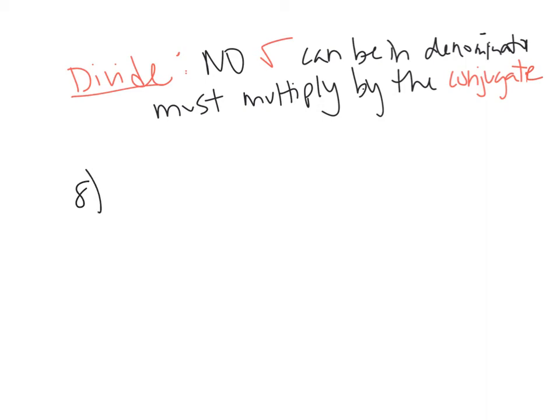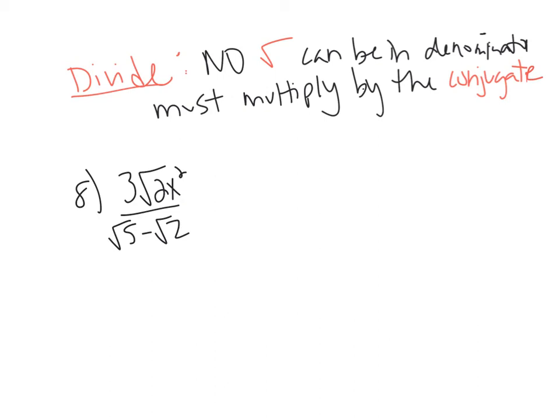So your division example. What if we have 3 square root 2x squared over root 5 minus square root 2? Our goal is to simplify this, get it as small as possible.